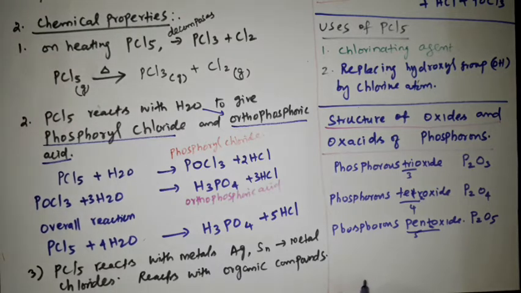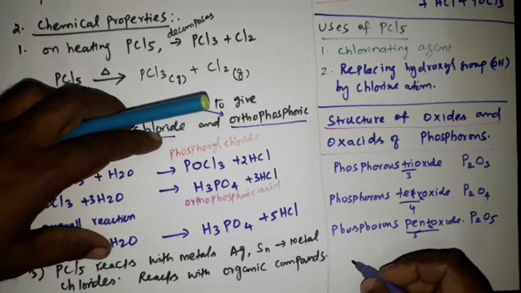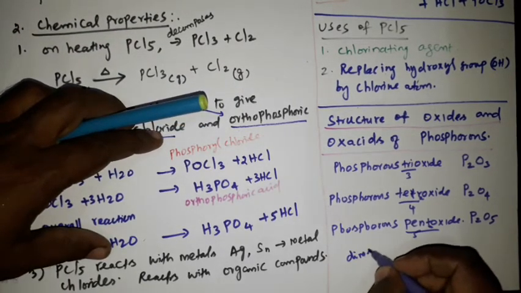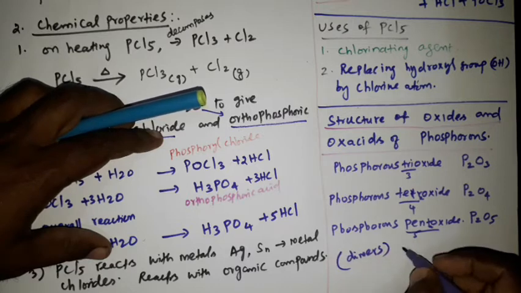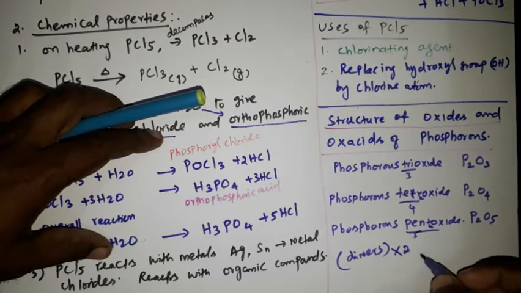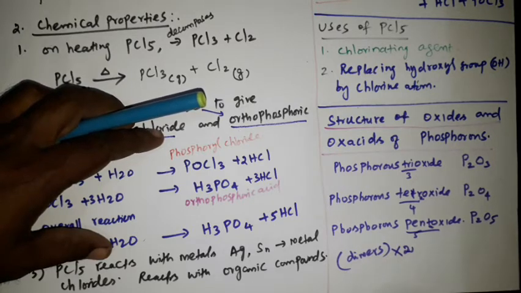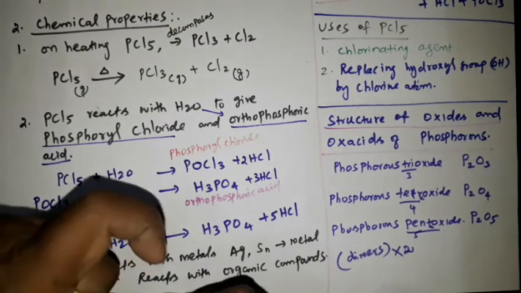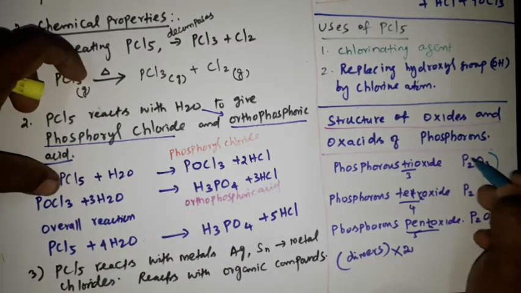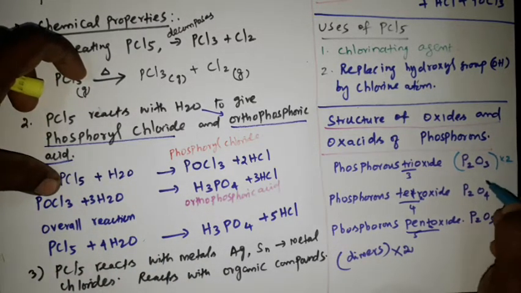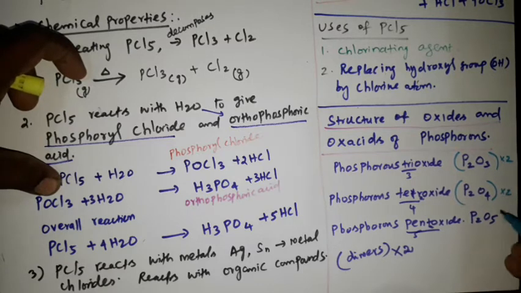Usually all the oxides of phosphorus are dimers. Dimer means the compound will be multiplied by 2. So phosphorus trioxide multiplied by 2, this also by 2, and this also by 2.